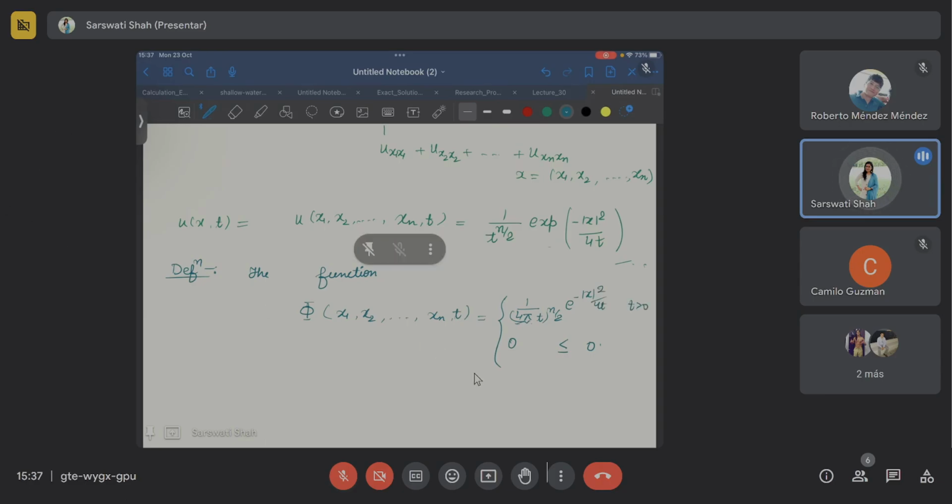For t greater than 0, it is called the fundamental solution of the heat equation u_t equals Laplacian of u.